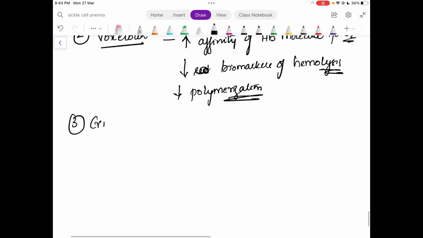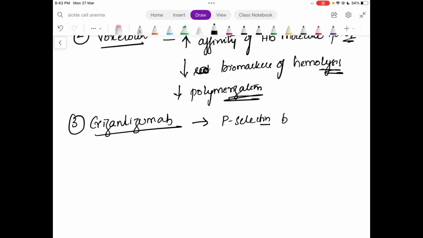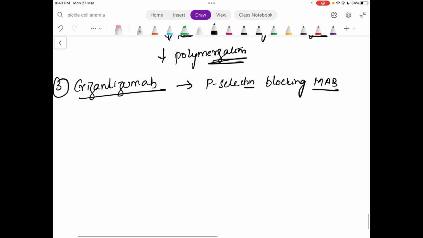Next drug is crizanlizumab. This is a P-selectin blocking monoclonal antibody. That means this P-selectin is helpful in adhesion of sickle cell to endothelium.